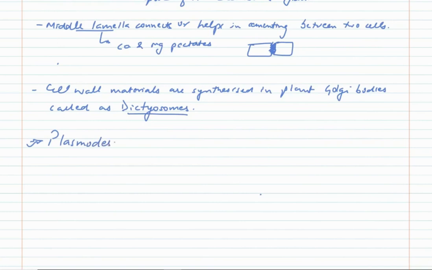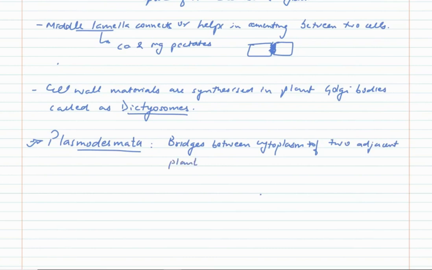Now we move on to plasmodesmata. Plasmodesmata are bridges between the cytoplasm of two adjacent plant cells.